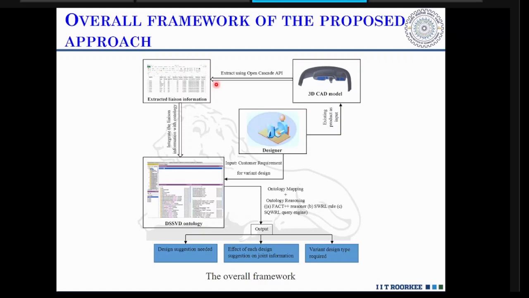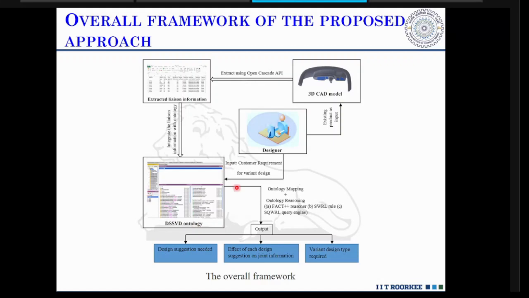So he has developed an algorithm to extract liaison information from adhesive bonding. Those parts I'm not covering here. From the 3D model, he's extracting all this information, again integrating with riveting, welding, bolt fastening.